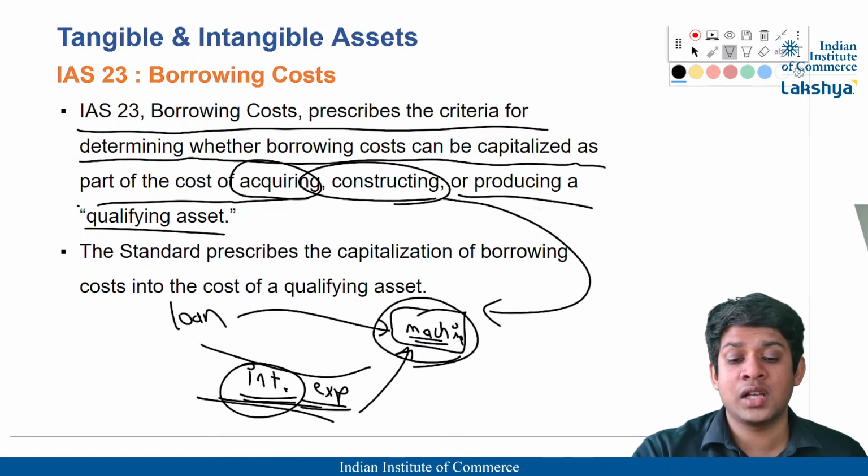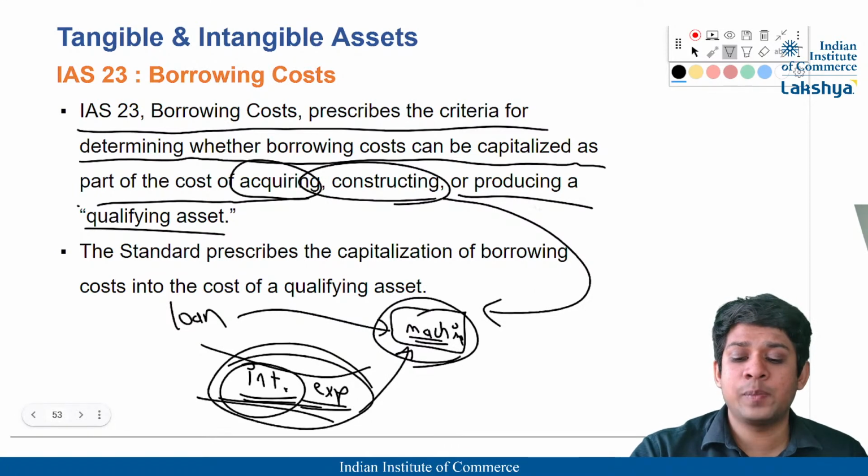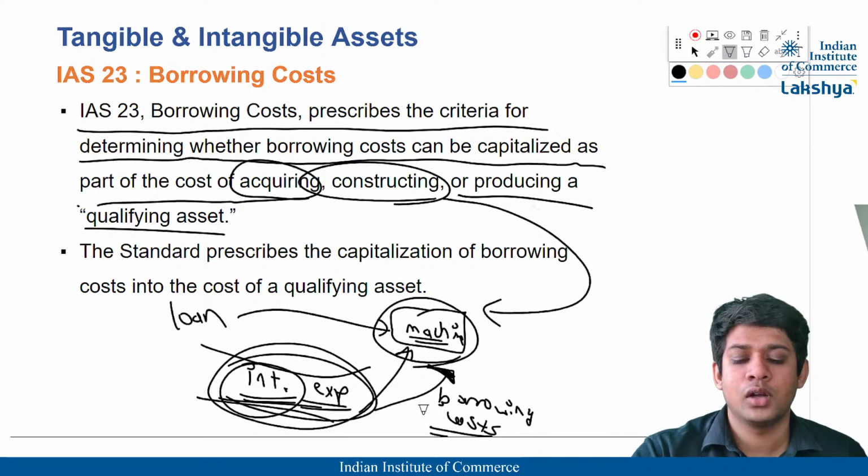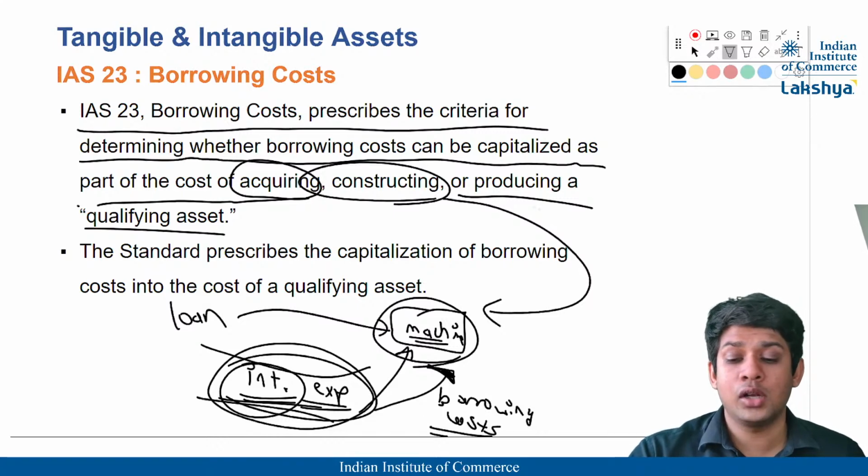And once that machinery is constructed, I can either sell it off and generate economic benefits or use it and generate economic benefits. So these expenses are going to be capitalized to the value of that machinery under the name borrowing costs.